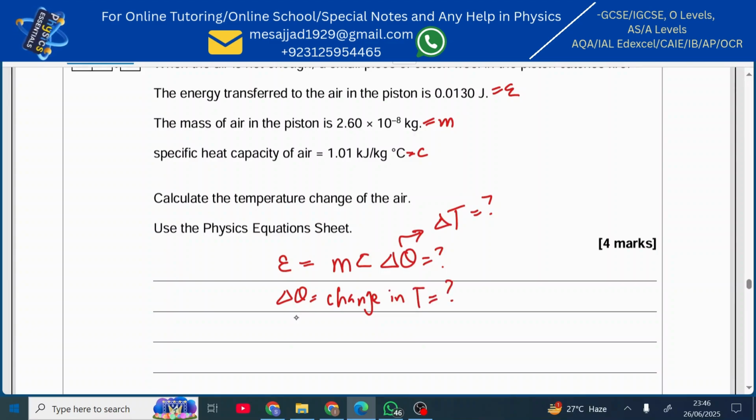So if you want to find that out, you just need to plug in the values. E is 0.013, m is 2.6 into 10 raised to the power minus 8, and c is 1.01.